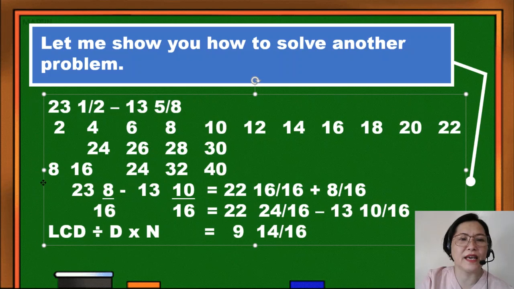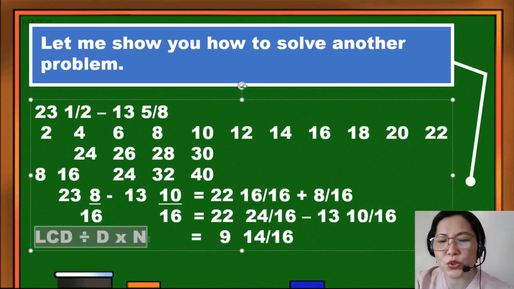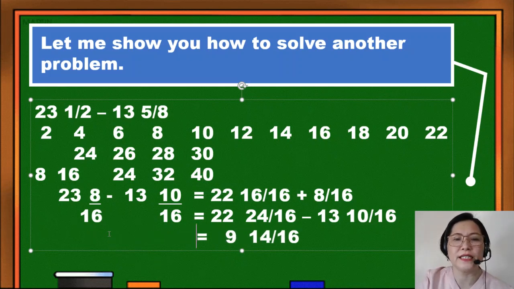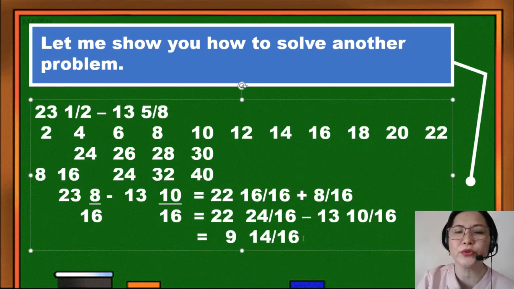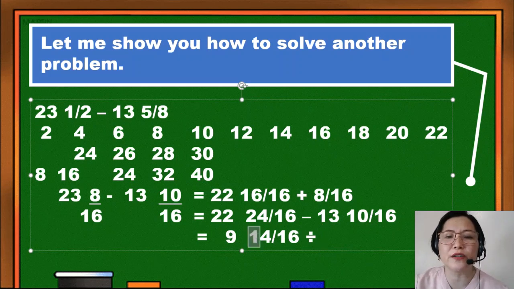Okay, not yet. Why? Because we can still reduce 14/16. What are we going to use in order to reduce it? Yes, we're going to use the greatest common factor. And what's the greatest common factor of 14 and 16?